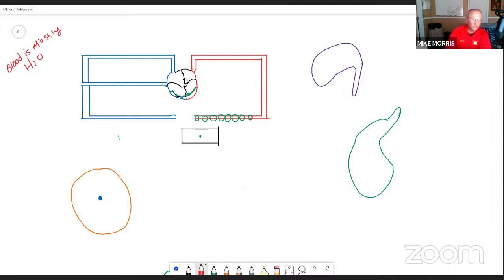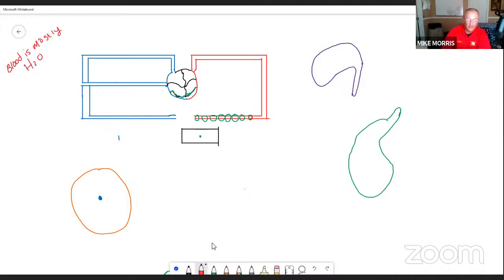Where it gets oxygenated. It comes back to the left side here, left atrium, goes to the bicuspid valve, left ventricle, right? Aortic valve, and then out the aorta. So this is oxygenated blood at this point.